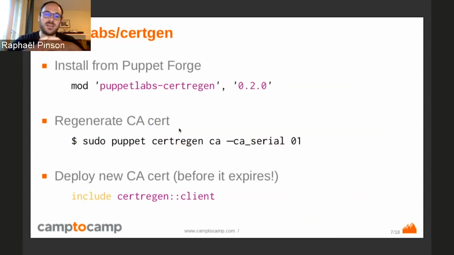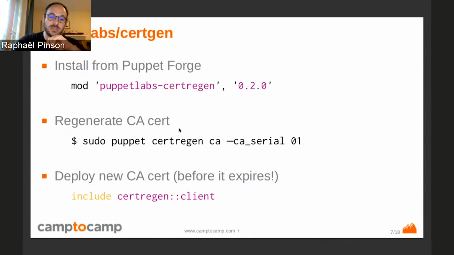So Puppet Labs has a standard module for this. It's called CertRegen. Actually, there's a mistake on the slide. The module is called Puppet Labs CertRegen, and when you install it on your Puppet server, you can actually regenerate a certificate with the same key. And these are the commands that you can use.